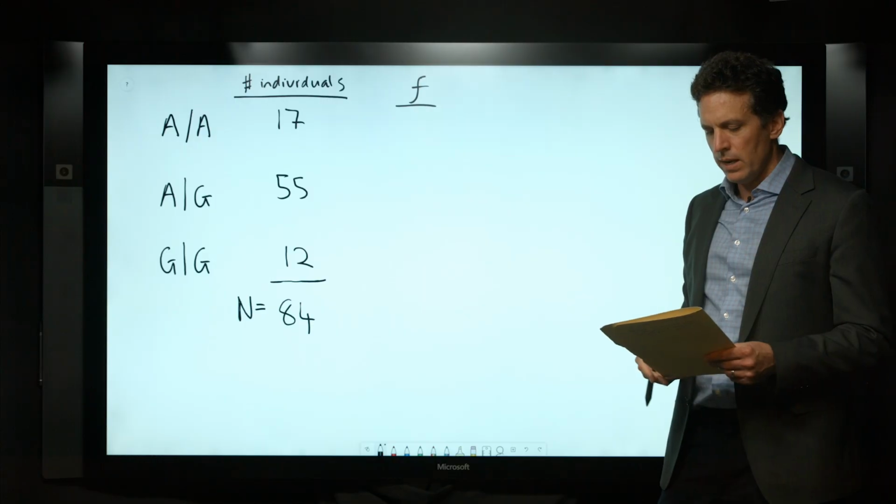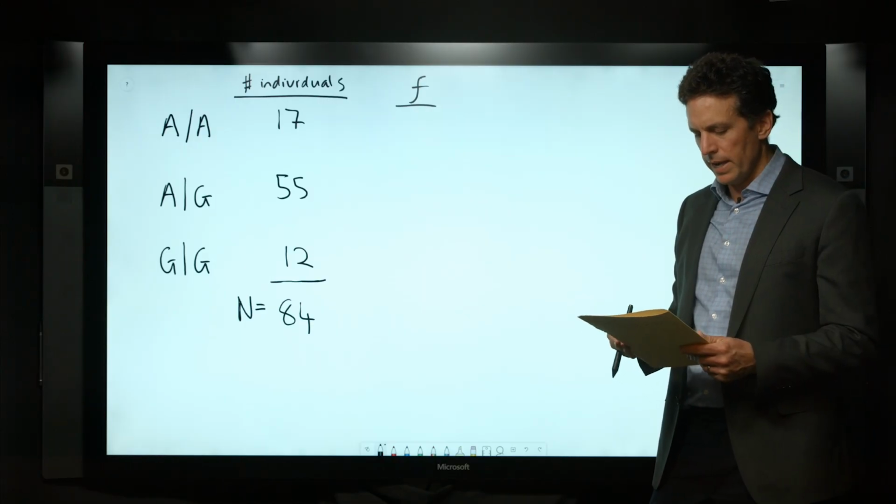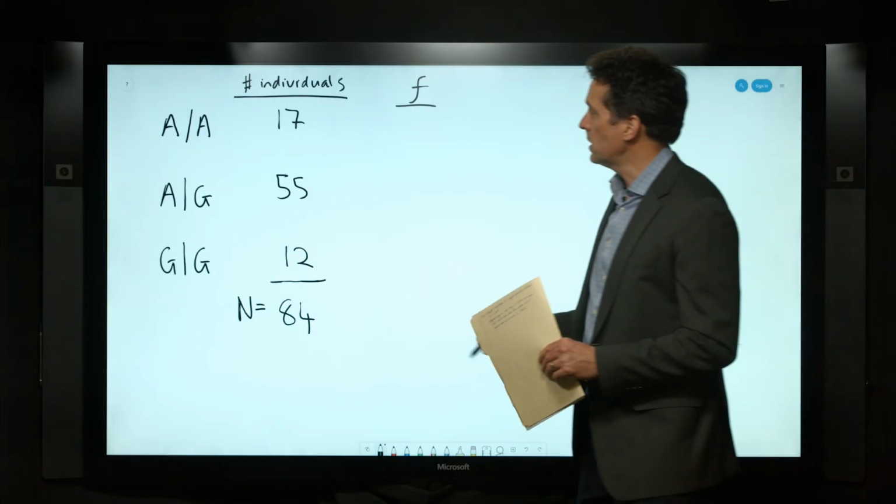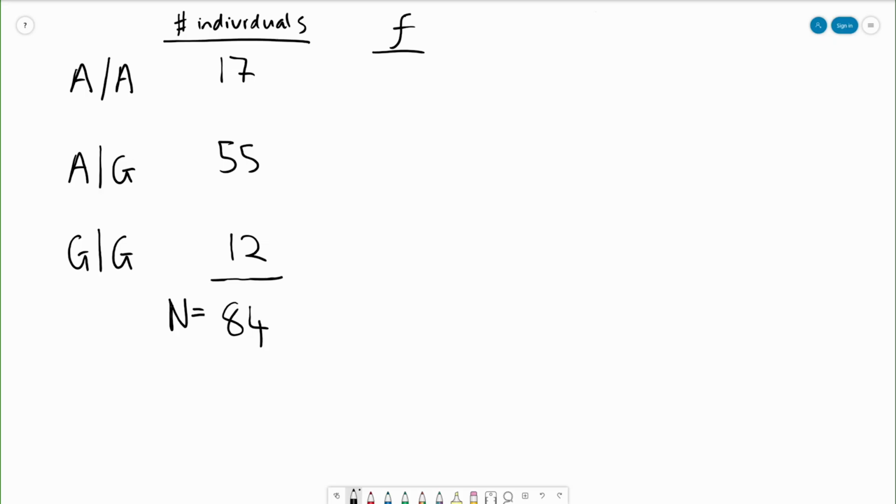And so we can, of course, calculate now the frequency of each of those genotypes. And that's very trivial over here. So this frequency is going to be 17 divided by 84, which is equal to 0.202. This frequency is going to be 55 divided by 84, which is equal to 0.655.